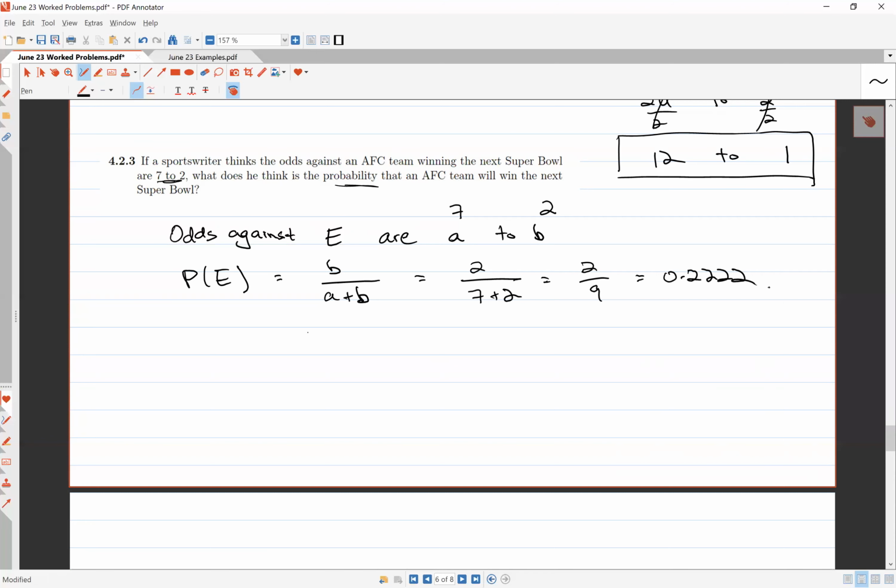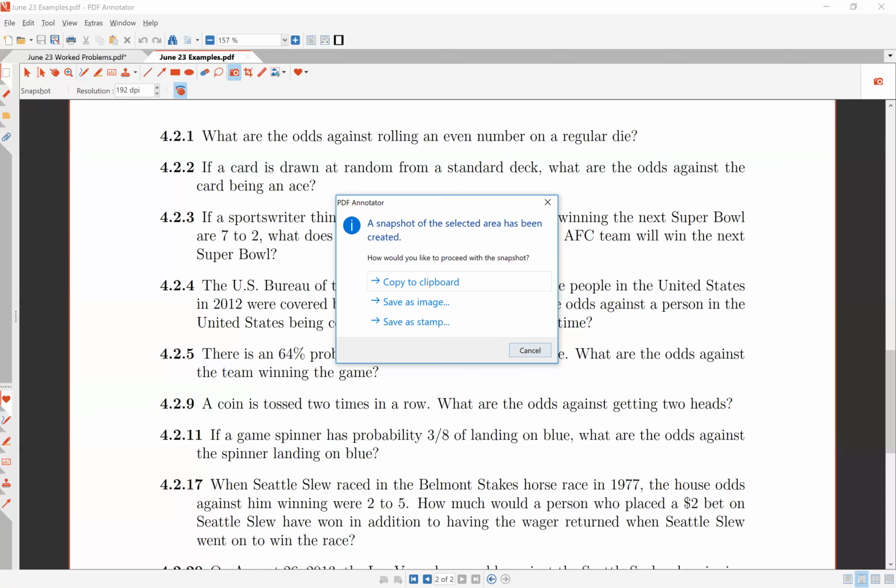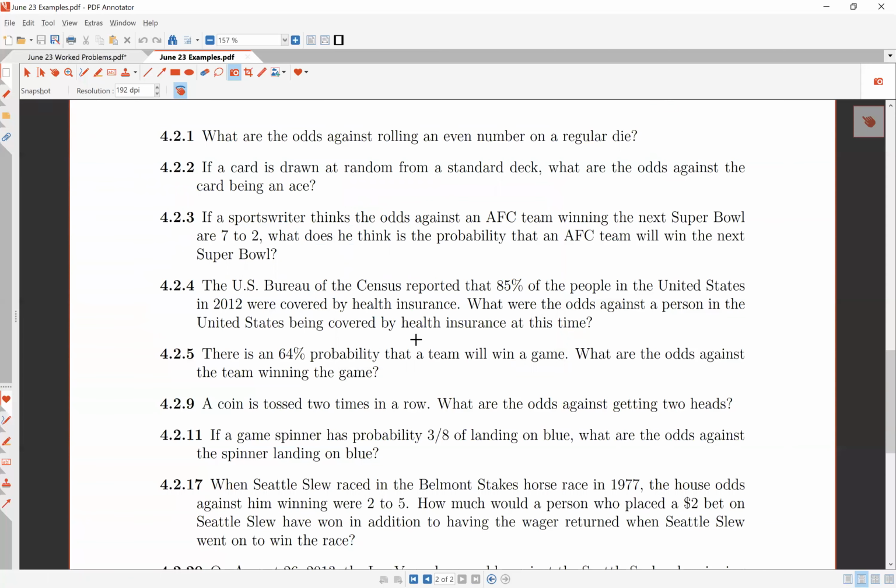So easy enough. If you have the odds against as A to B, then the probability of the event itself is just equal to B over A plus B. And now I'll show you how we flip that around.